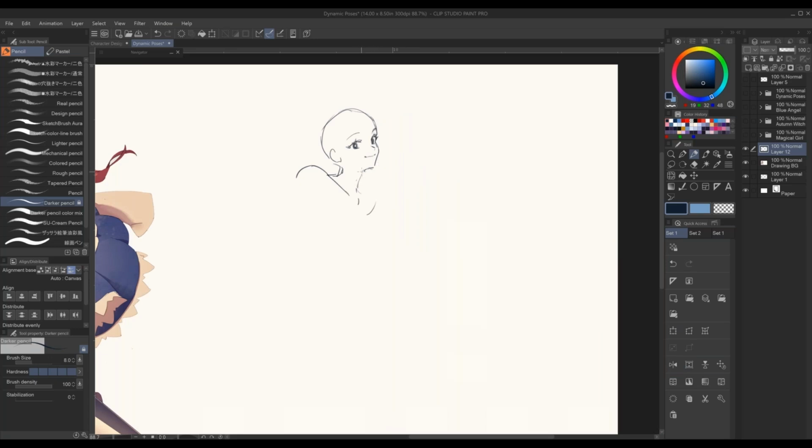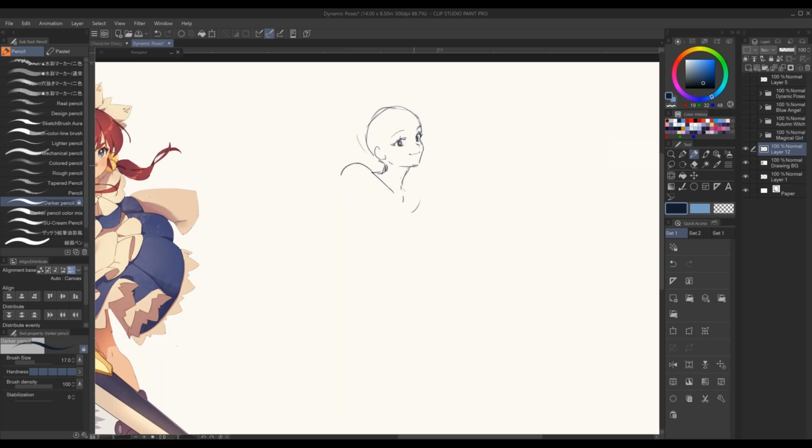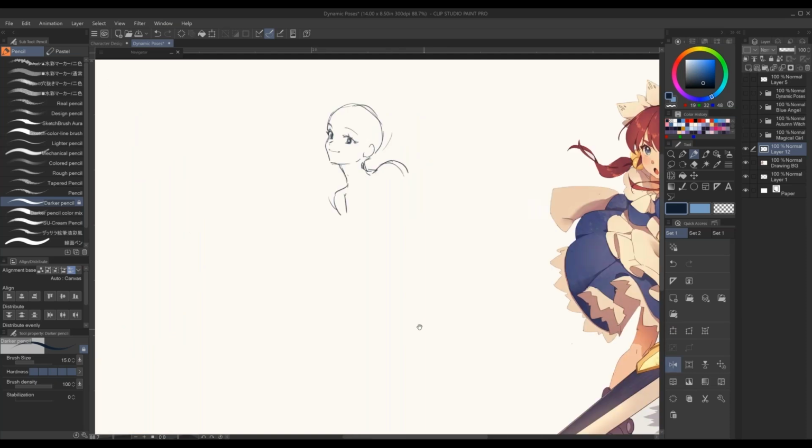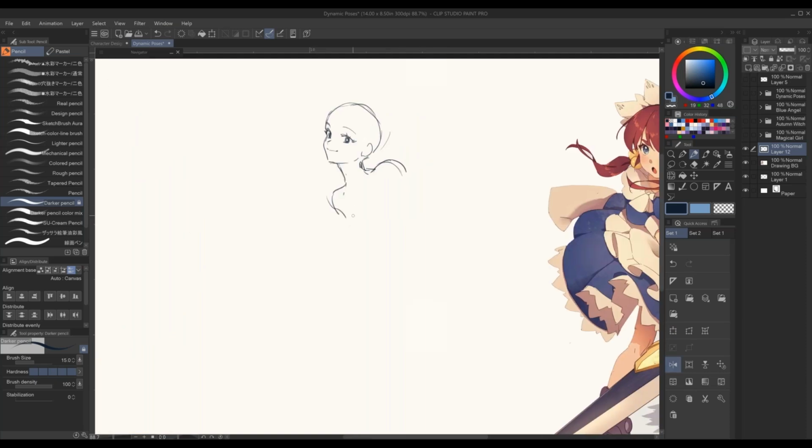But here, I'm kind of just doodling. I think a lot of the beginning portions are just kind of winging it until you feel comfortable. But I think one good thing about starting with a dynamic pose is starting with the character's face not being head on.